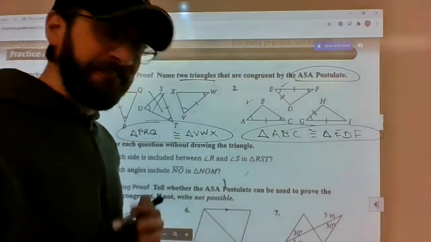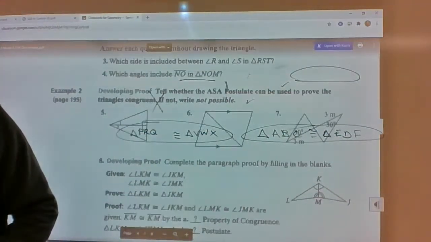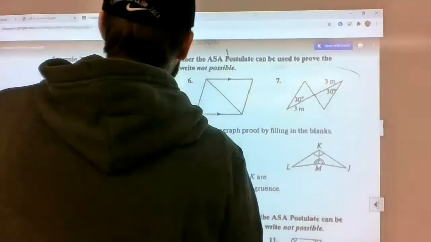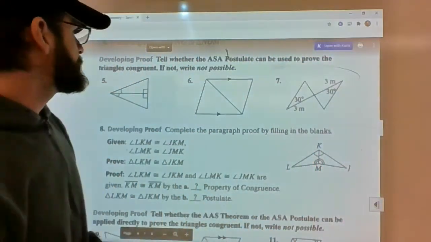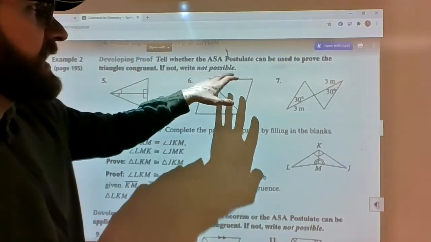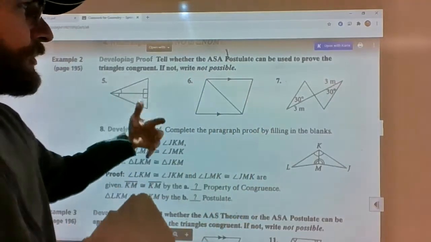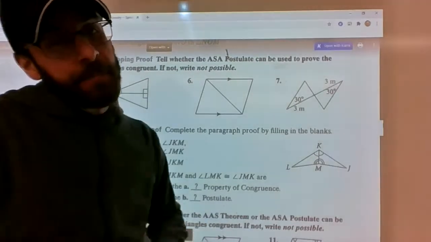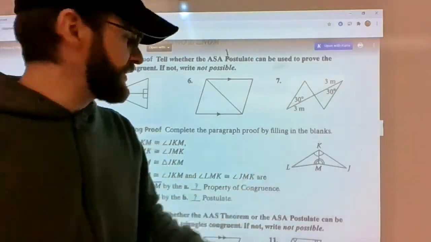All right, let's check out 5 through 7. So this is the same idea, except it's saying, tell whether ASA can be used to prove the triangles congruent. Pretty much the same idea, except maybe we don't have congruence at all.